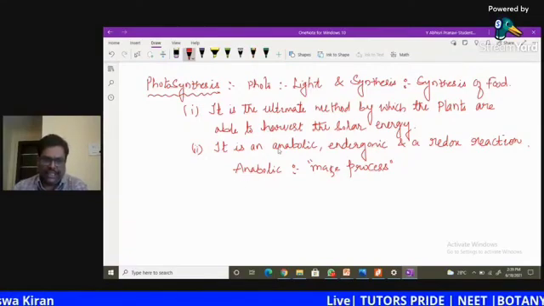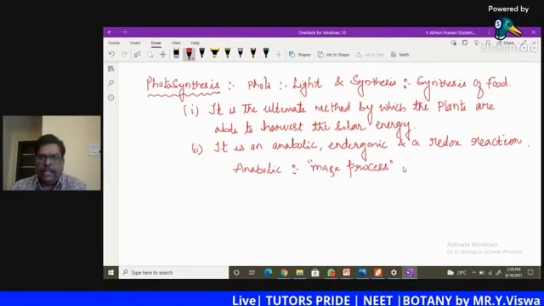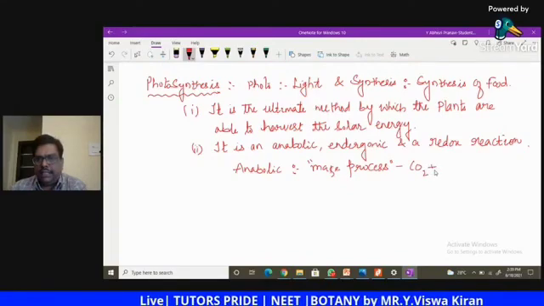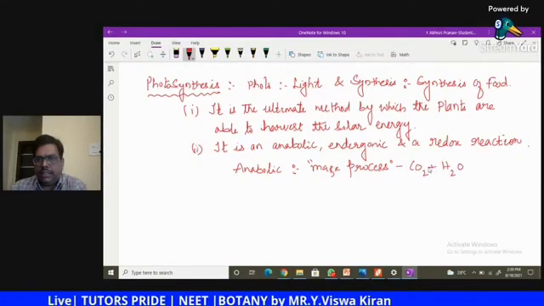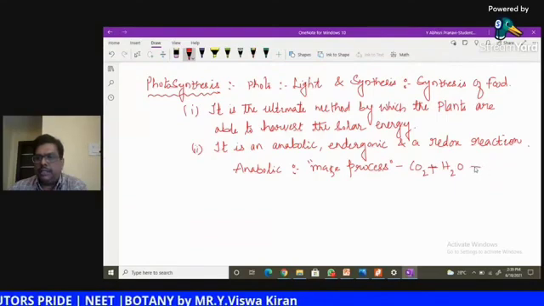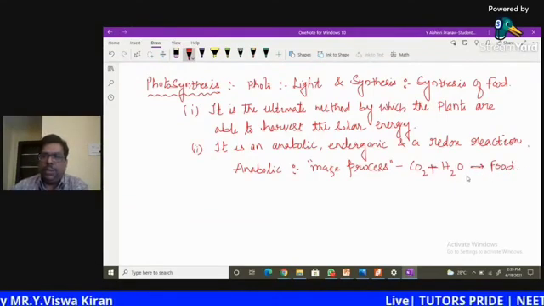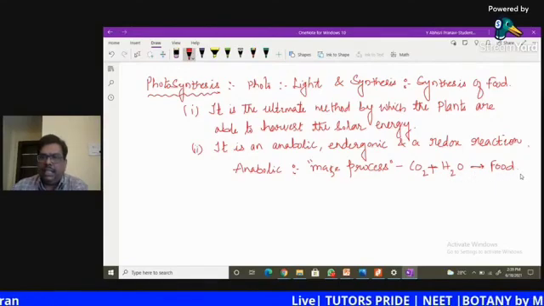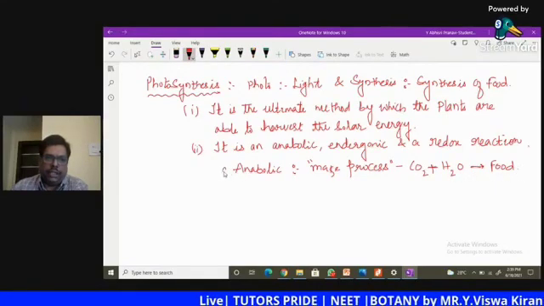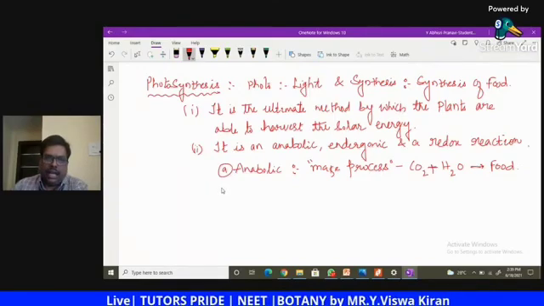Now photosynthesis is anabolic because it is combining carbon dioxide and water together, and it is forming what is called food. So these two together are assimilated and they together form the food. That is the reason why it is called anabolic.